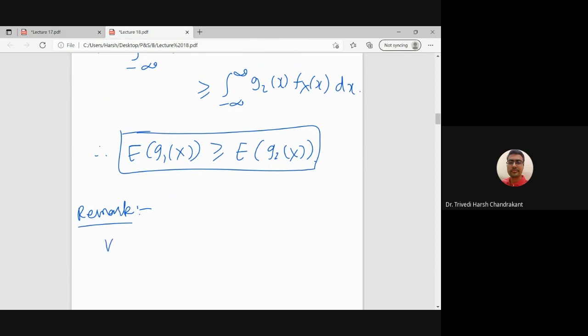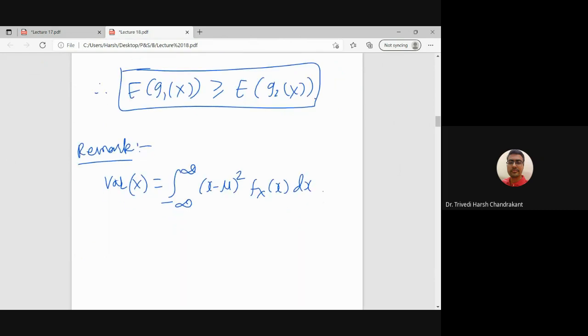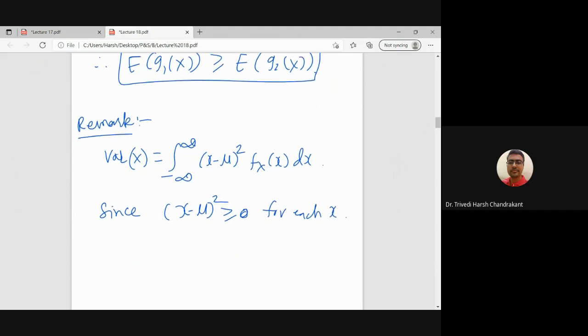The variance of the random variable x is defined as the integral from minus infinity to infinity of x minus mu squared fx(x) dx, and since mu is a fixed number, x minus mu squared is always non-negative for each x.